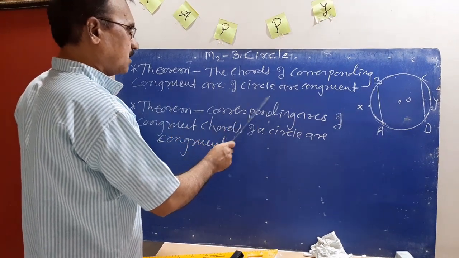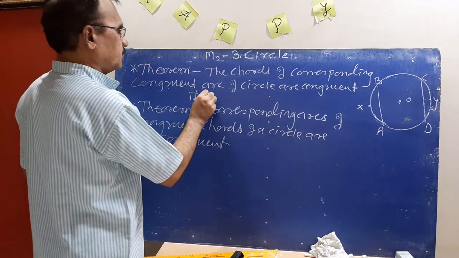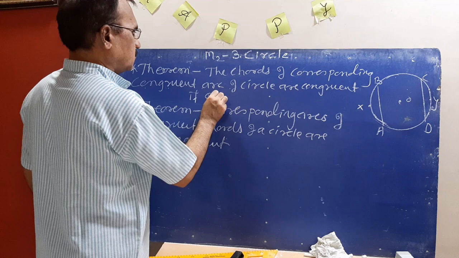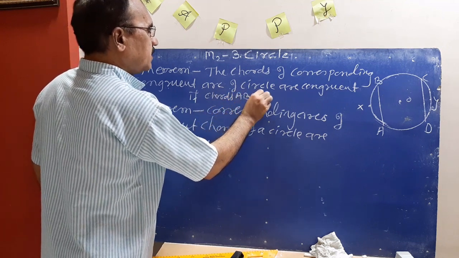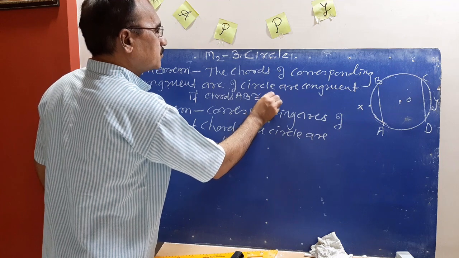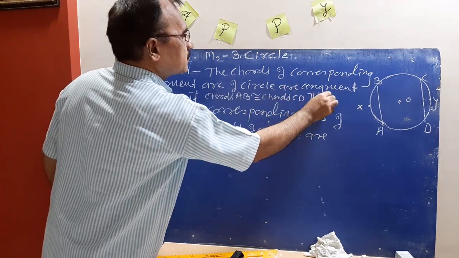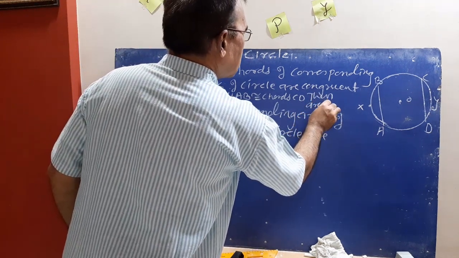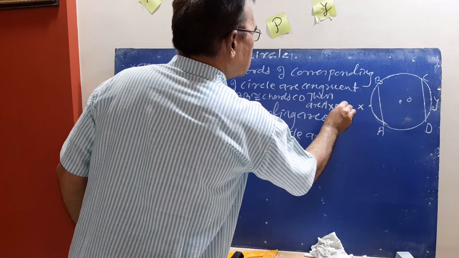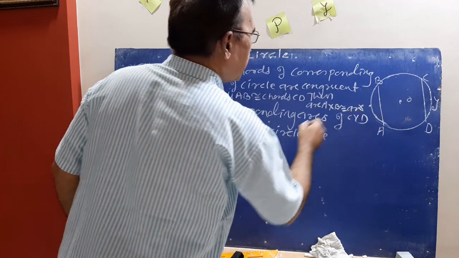Means here, if chord AB is congruent to chord CD, then arc AXB is congruent to arc CYD.